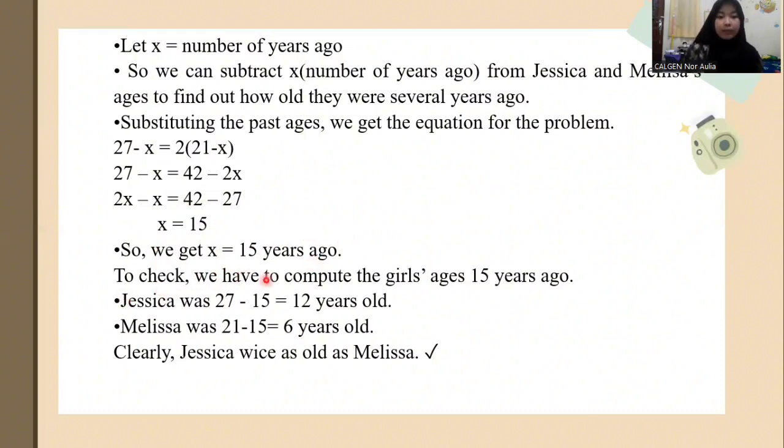To check, we compute the girls' ages 15 years ago. Jessica was 27 minus 15 equals 12 years old. And Melissa was 21 minus 15 equals 6 years old. Indeed, Jessica was twice as old as Melissa.